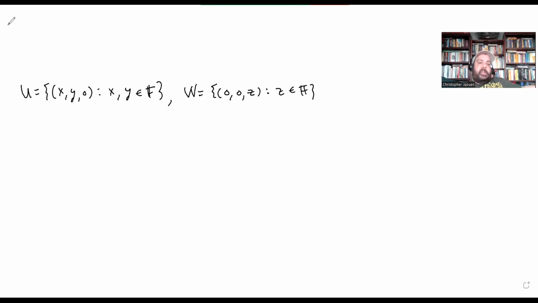And our vector space V is F3, which, if you've forgotten, is the set of all three tuples, let's say A, B, C, where A, B, C are elements of F.